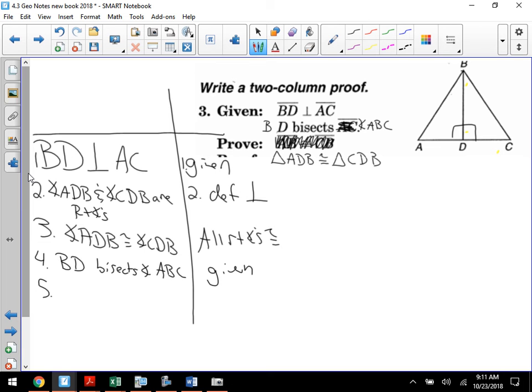If BD bisects ABC, well, in your picture, you start looking for it. BD bisects the whole thing. That means these two guys have to be the same. You mark the diagram, and how many letters do you have to use to show that you have an angle? 3. So now I have angle ABD.